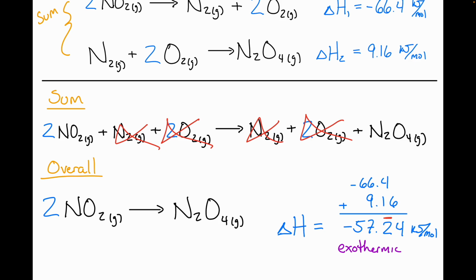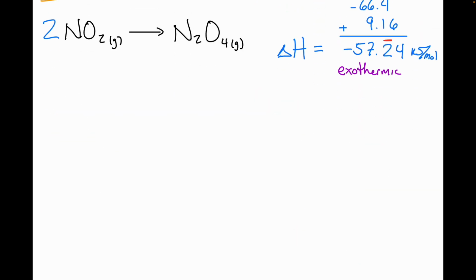Cool? All right, now that is a very long, drawn-out process for getting a delta H here, all right? The good news is we can distill what we just did into a very simple little formula for calculating the delta H of our reaction. What we did is the delta H for any reaction. What we did was we took the sum of the delta H of our products.